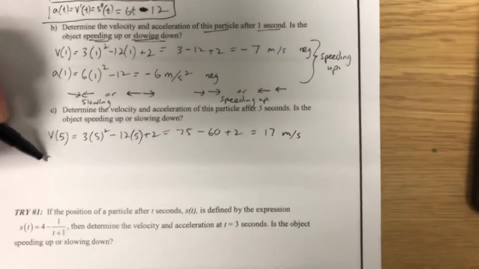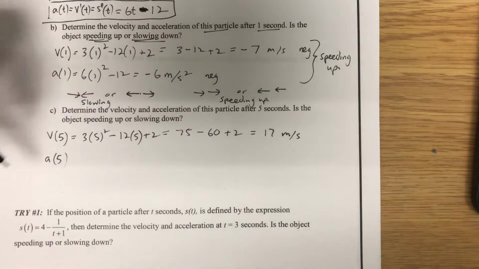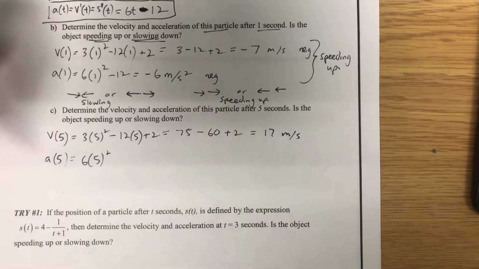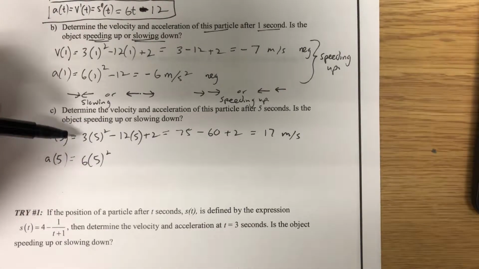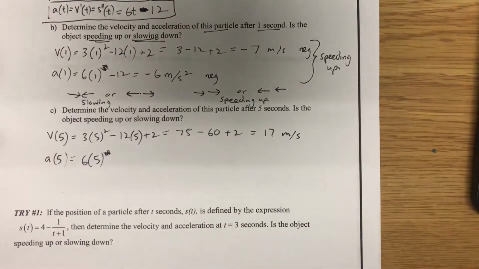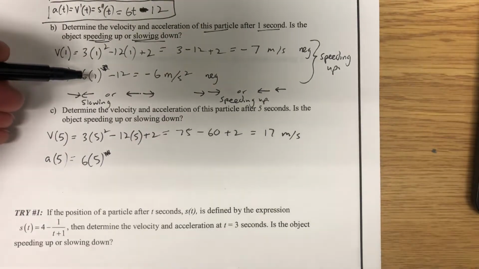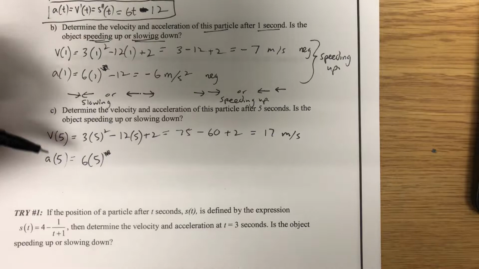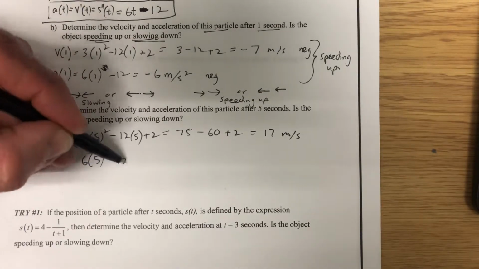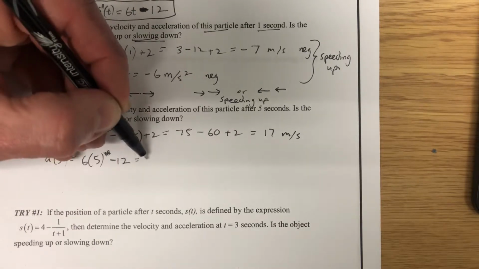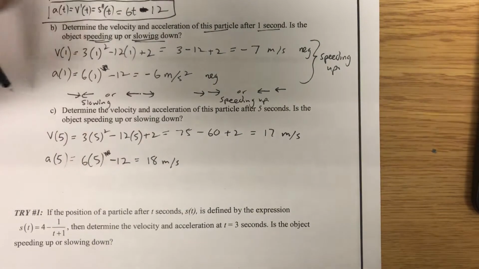And then we want to think about the acceleration after 5 seconds. And we've got 6 times 5. Sorry, not squared. Did I do that before? Oh yeah, not squared. I got away with that one because it was 1 squared, but that was a bit of a mistake if you look up there. And then minus 12. So 30 minus 12, 18 meters per second squared.